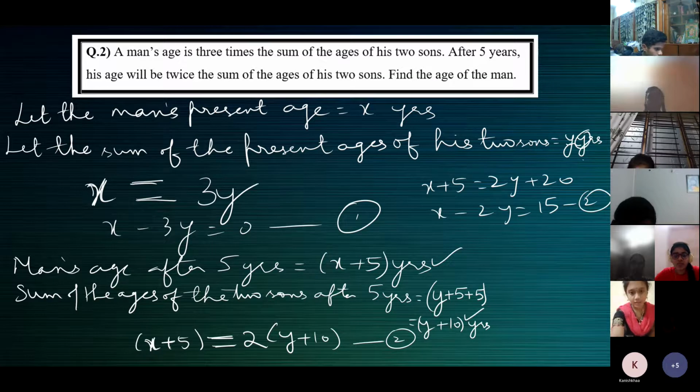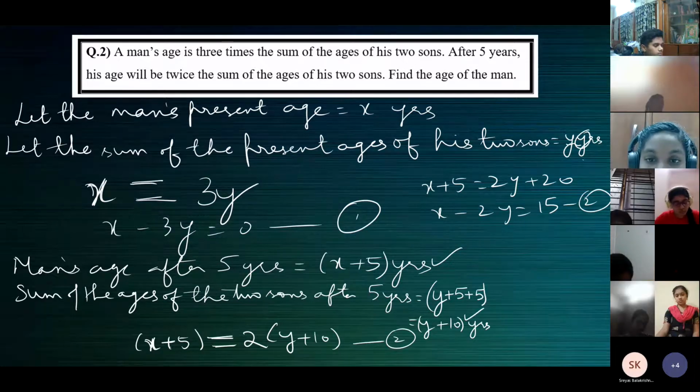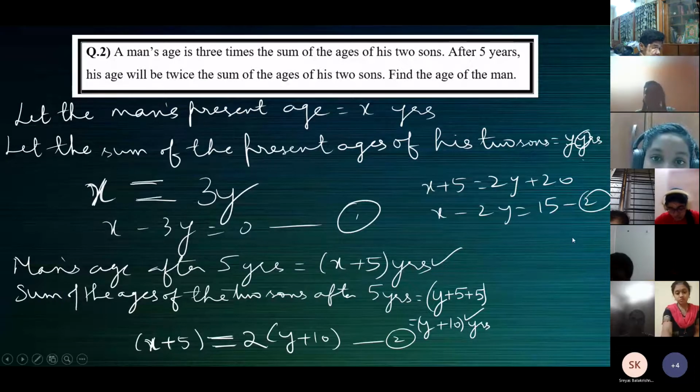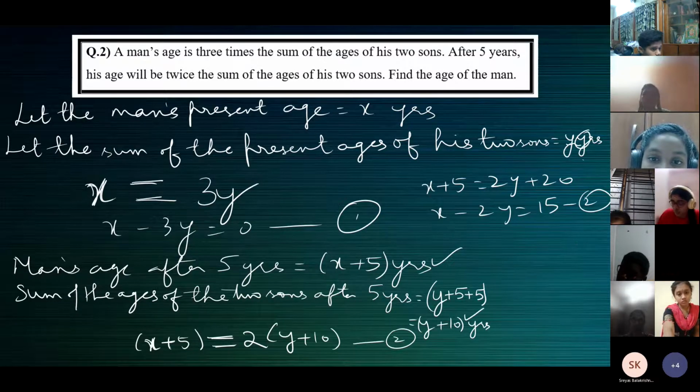Yes, ma'am. We need to solve these equations and find the value of maybe y first and then only the x value, what you need. The man's present age is 45 years. You should not write x is equal to 45 and leave it there. You must say, therefore, the man's present age is 45 years.